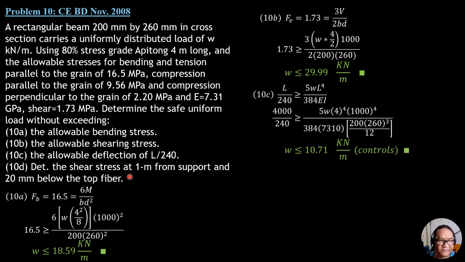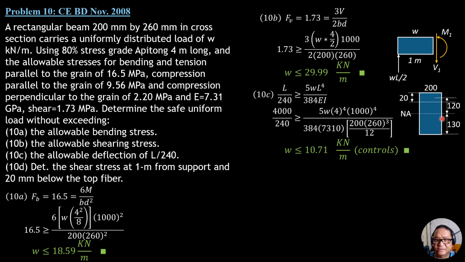Then D, determine the shear stress at 1 meter from support and 20 mm below the top fiber. So shear stress is VQ over IB. In general, this is the free body diagram. This is the shear at section 1, 1 meter from the left support. So shear at 1 equals WL over 2 minus W times 1. And for the section, this is the figure, this is the section.